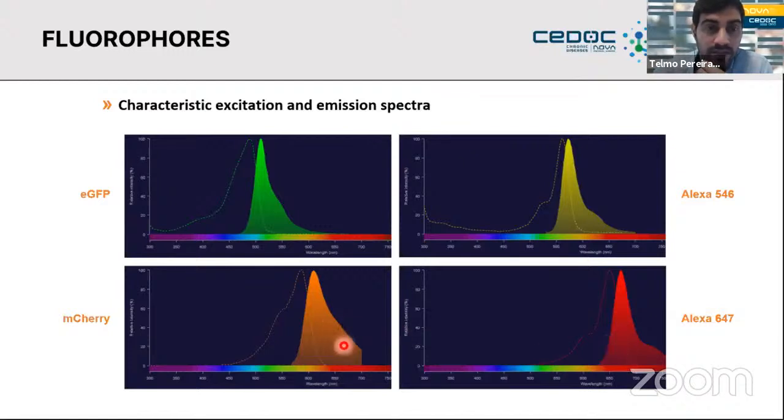What is important is that they are very characteristic, and you can in fact simulate how these fluorophores will behave when they are together in a specific configuration, in a specific cell, in a specific sample.